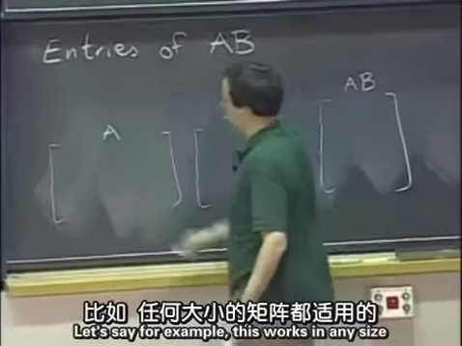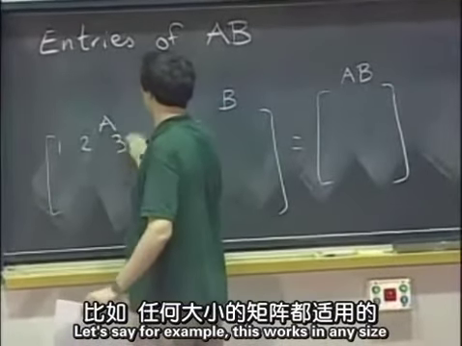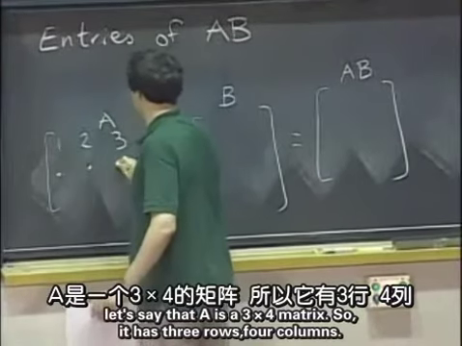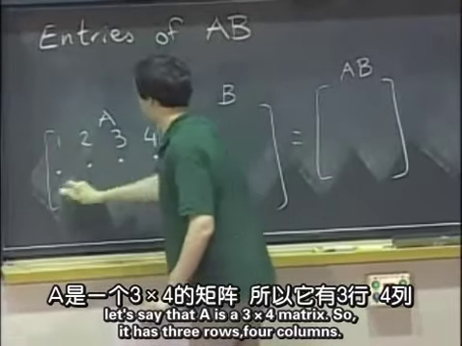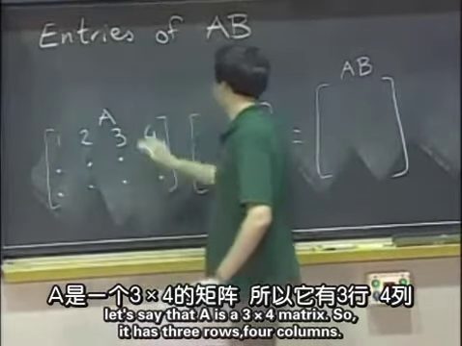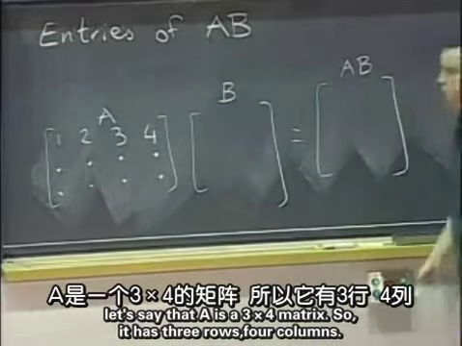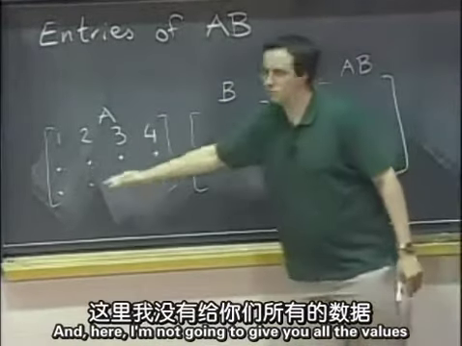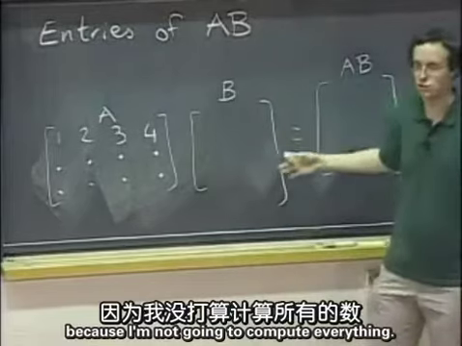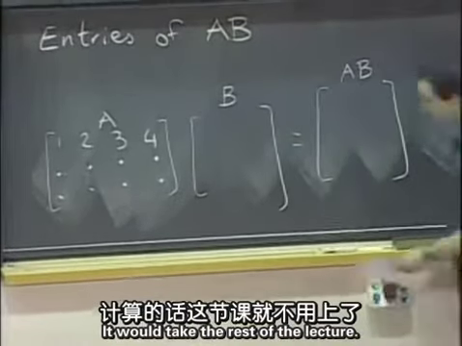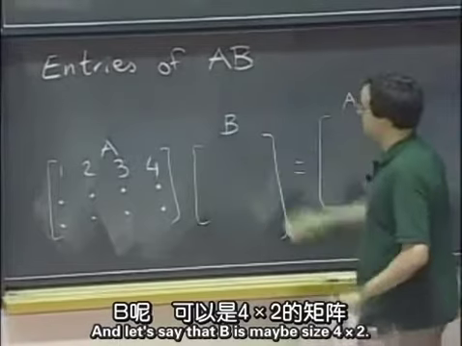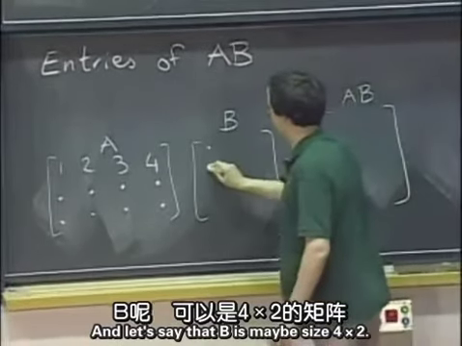Let's say, for example, that A, this works in any sizes, is a 3 by 4 matrix. So it has 3 rows, 4 columns. And here I'm not going to give you the values because I'm not going to compute everything. It would take the rest of the lecture. And let's say that B is size 4 by 2.